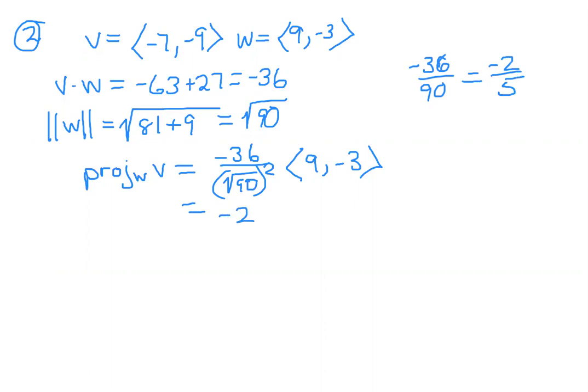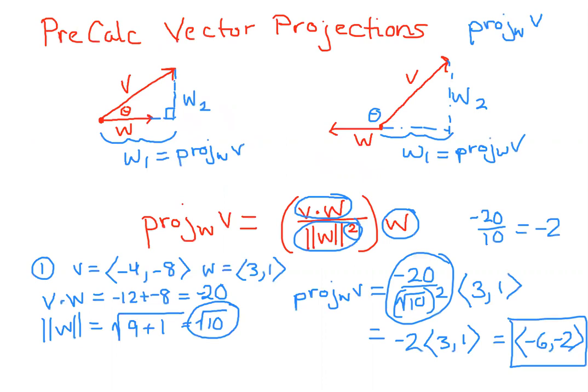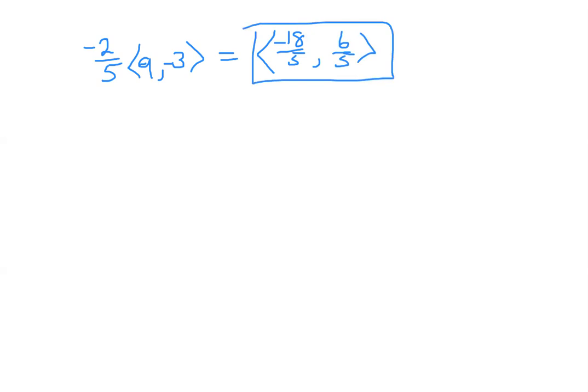So this is negative 2/5 times our vector. Anyway, that equaled negative 2/5 times our vector 9, negative 3, which equals negative 18/5, 6/5. And that's the answer to number 2.